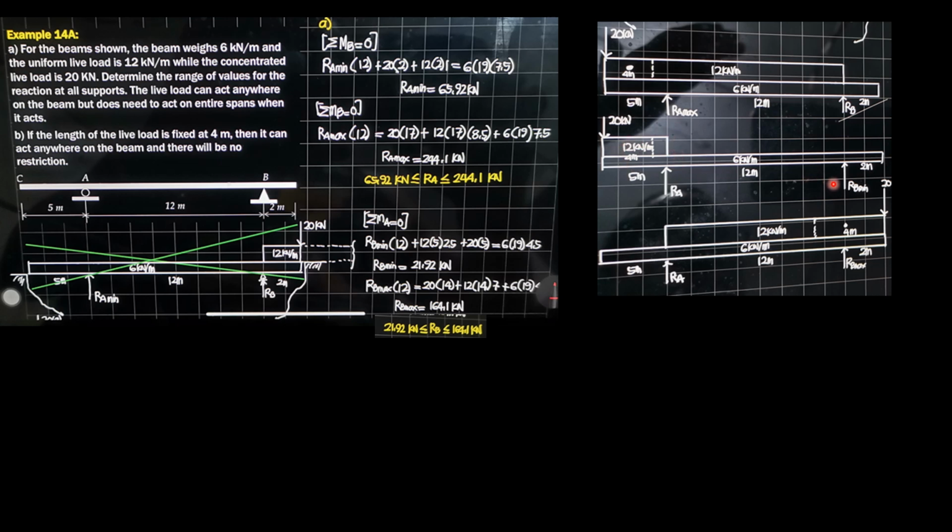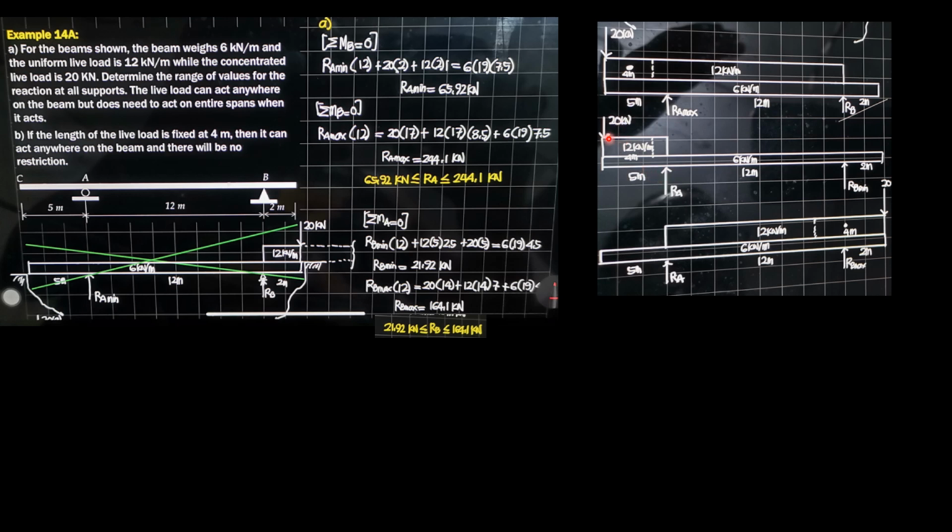So summation of moments about A equals 0. RB minimum times 12 plus 12 times 5 times 2.5, then plus 20 times 5.